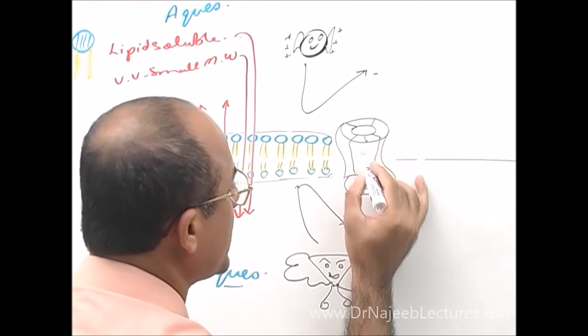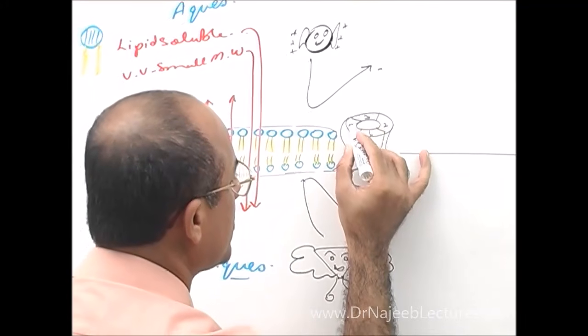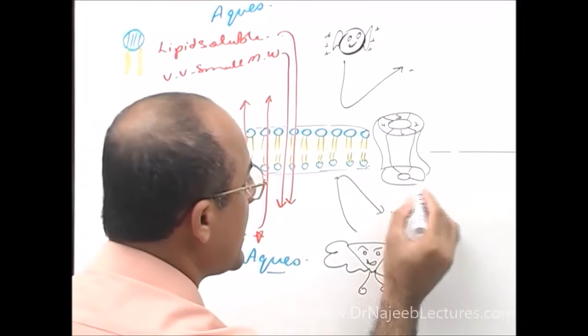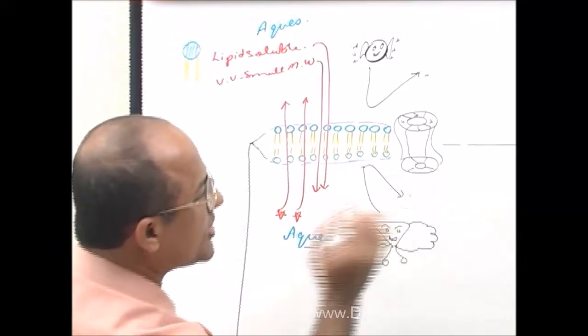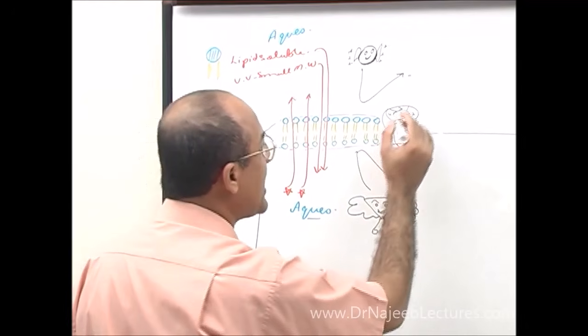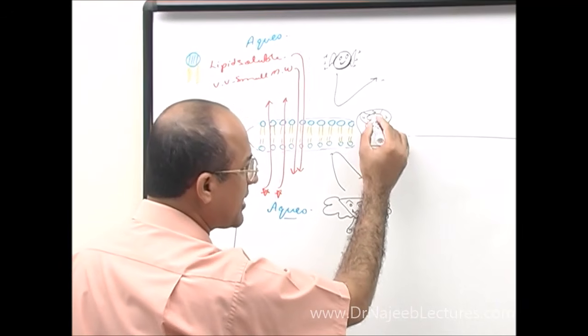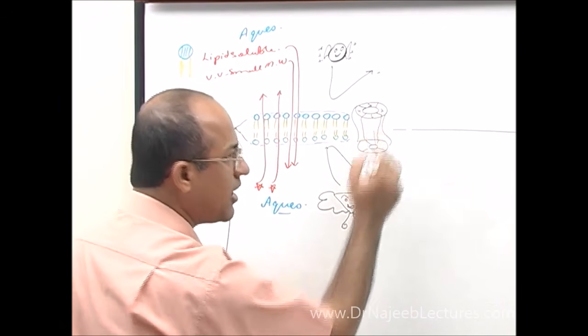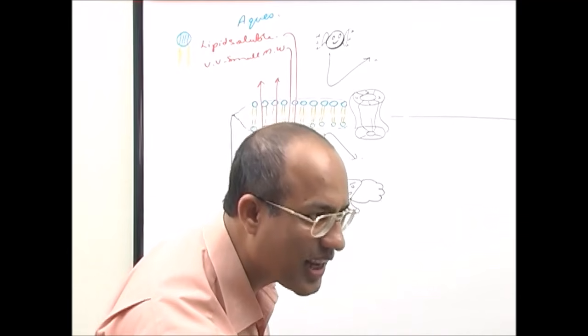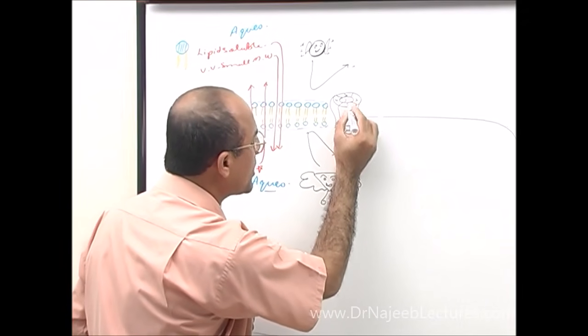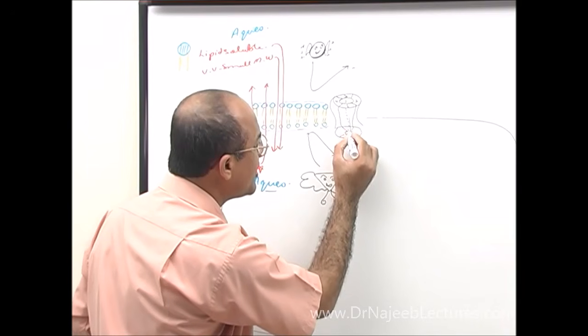Suppose this is one peptide chain, this is second, this is third, this is fourth, right? And these peptide chains are arranged in such a way that in the center of this molecule there is a longitudinal tunnel. There is a tunnel, and this is a water-filled tunnel. What is it? Water-filled tunnel.